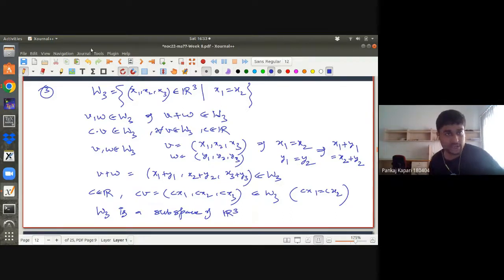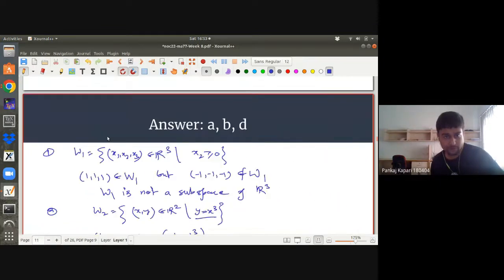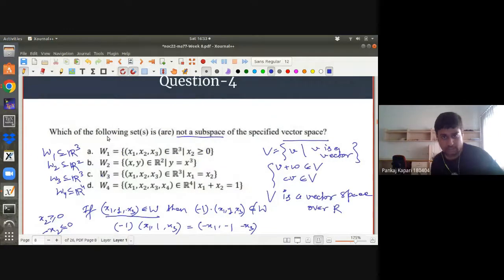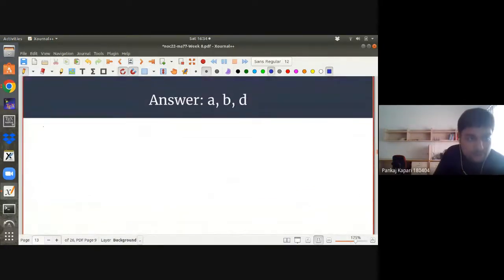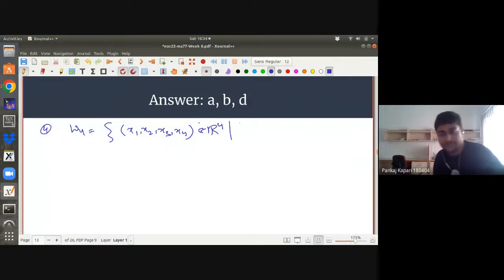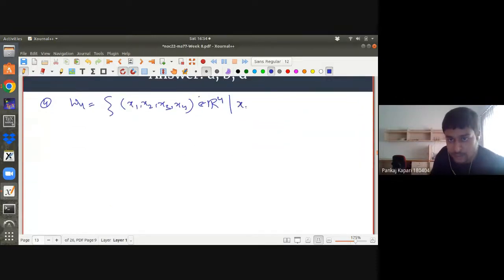Now let's check the last one. What was the last one? The sum of the first two entries is 1. Vectors x1, x2, x3, x4 in R4 such that the sum of the first two entries is 1.